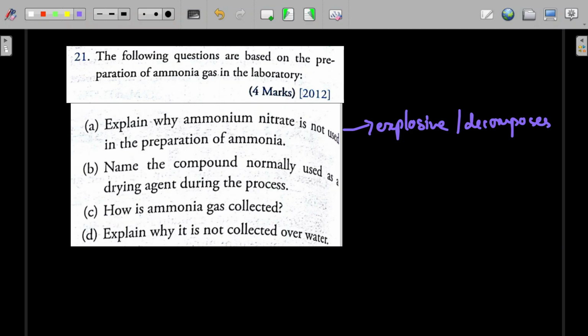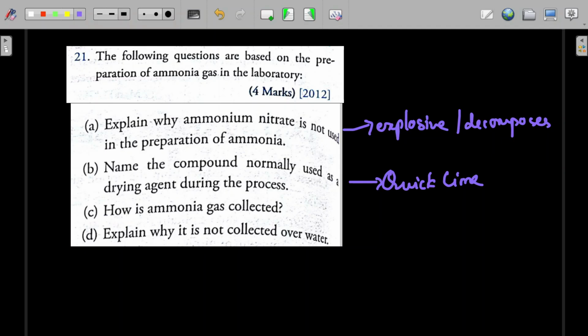Name the compound normally used as a drying agent. Okay, Dhruva, tell me. Quick lime. Either write calcium oxide or quick lime.